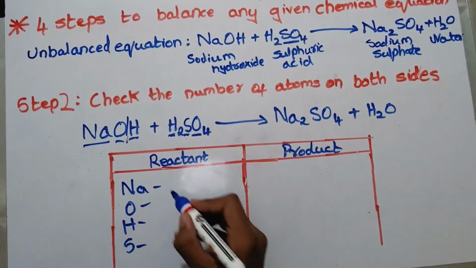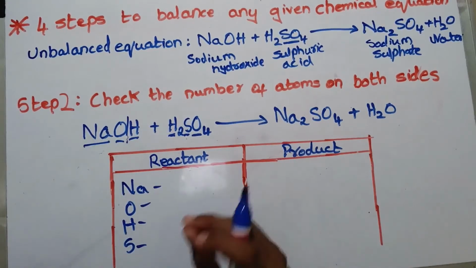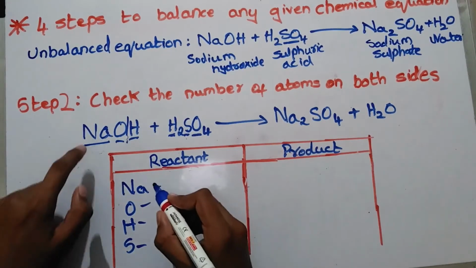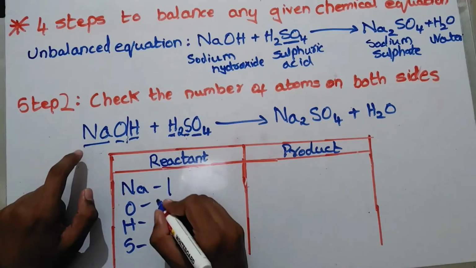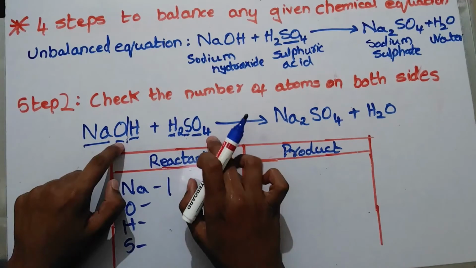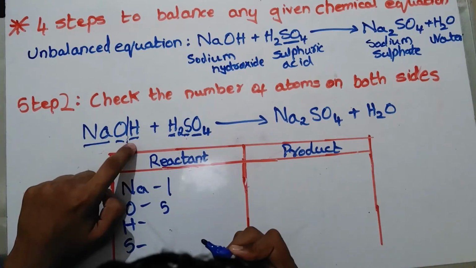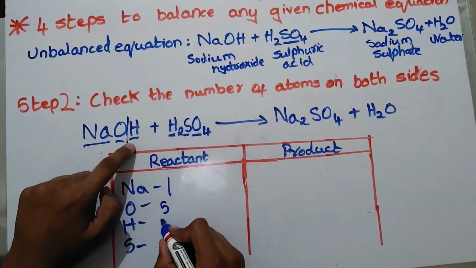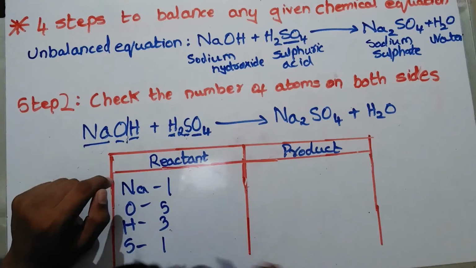So now let's carefully see how many atoms each of these elements has. Na has only one atom, O has one here and four here, that means it has 5 in total. H has one here, 2 here, that means it has 3 in total. And finally S, that is sulfur, has only one atom.